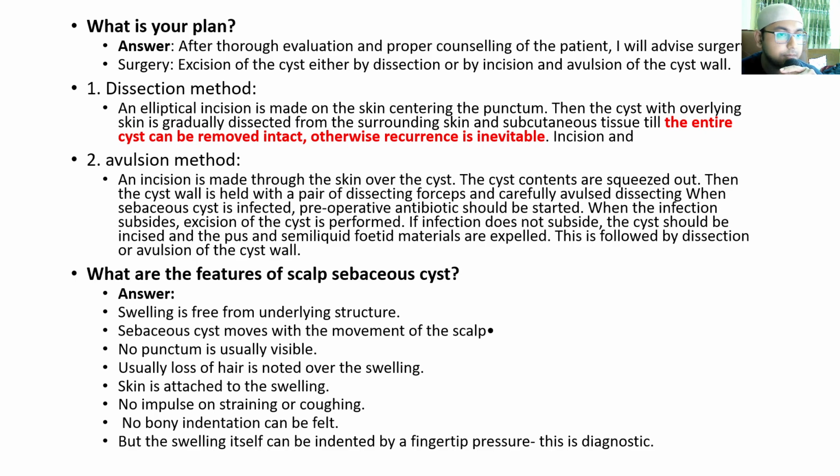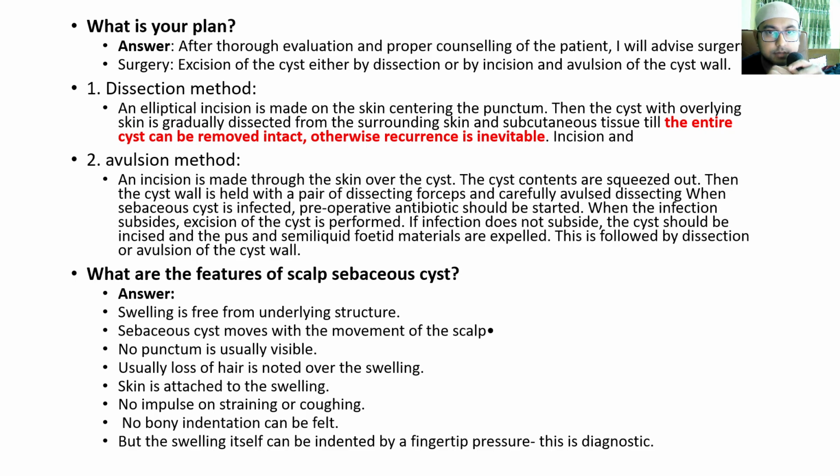In that case, the surrounding structures are more adherent to the capsule, and pus or infected edematous tissue is present surrounding the infected sebaceous cyst. In that case, some portion of the wall should be left out, and we will use the avulsion method. We squeeze out the materials, then make a bigger incision and try to find the capsule and remove it.